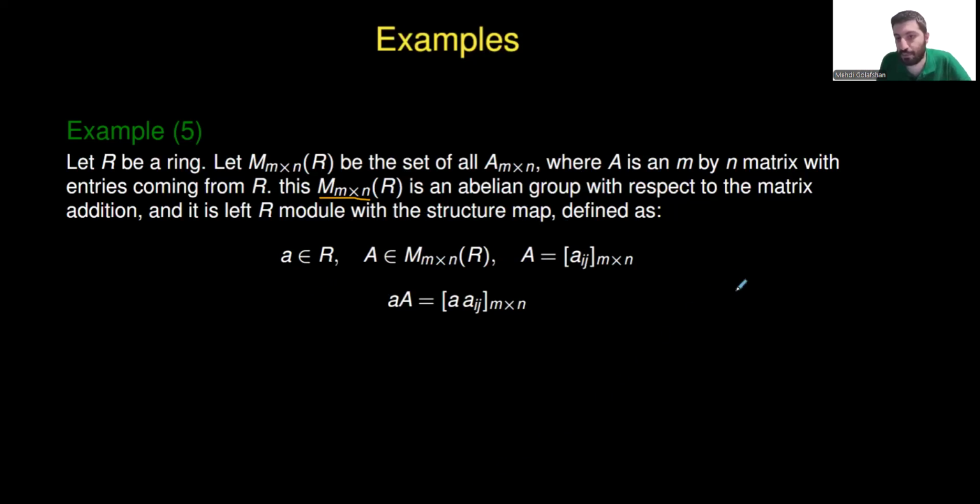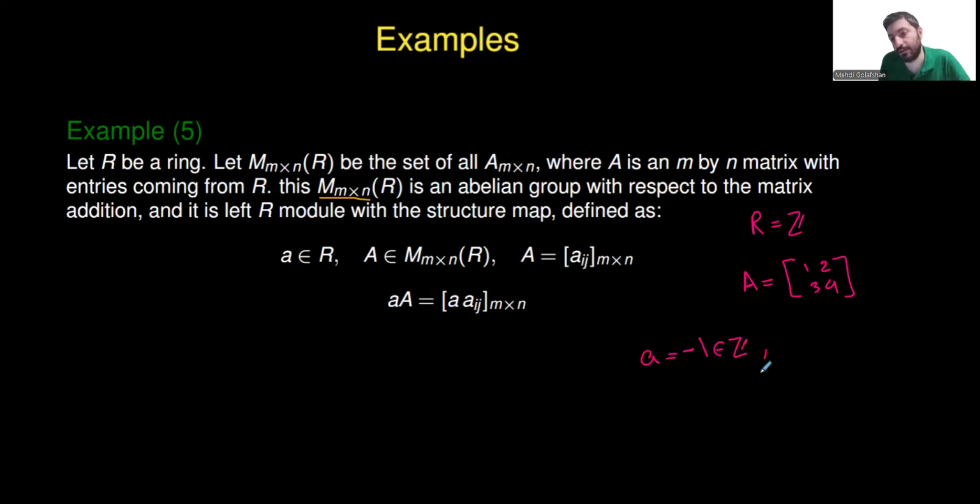For example, let your matrix be 1, 2, 3, 4, and the ring R be the ring of integer numbers. Consider -1 as an element of the integer ring.